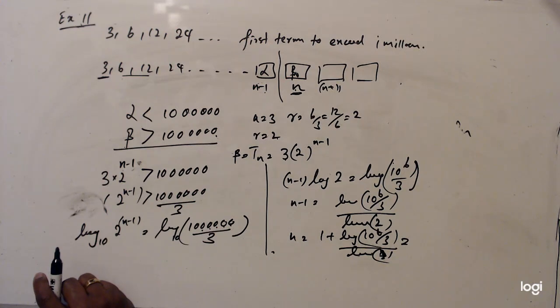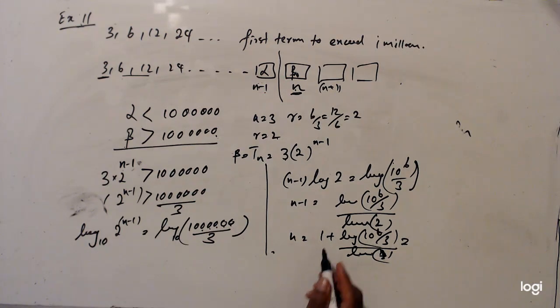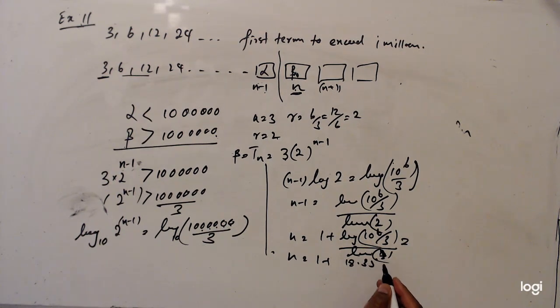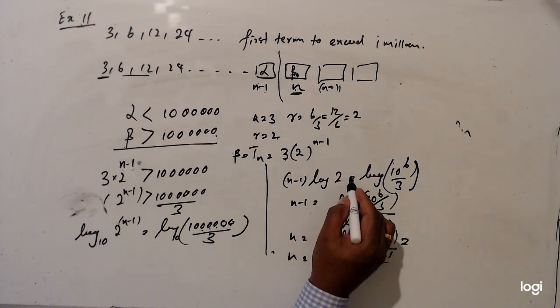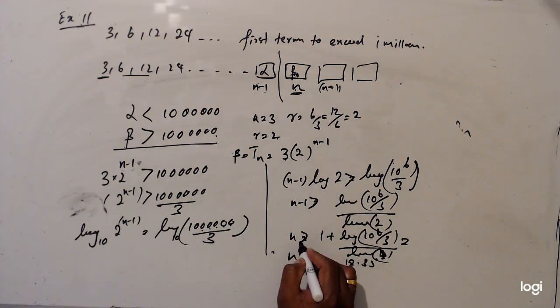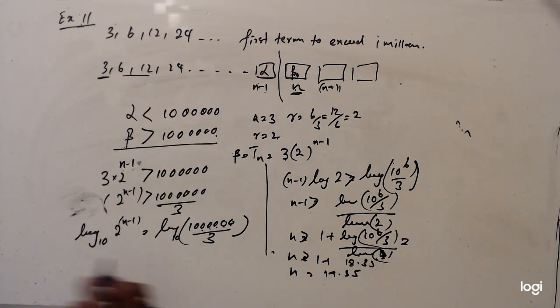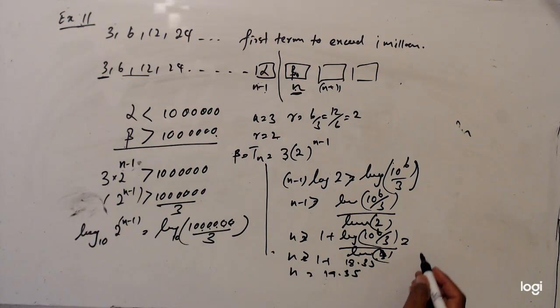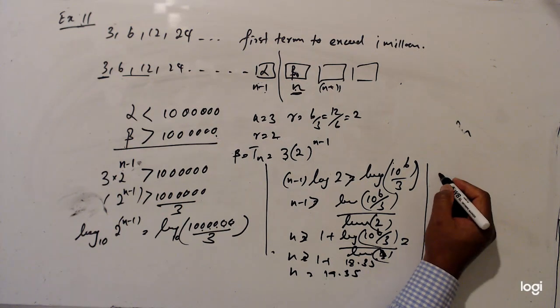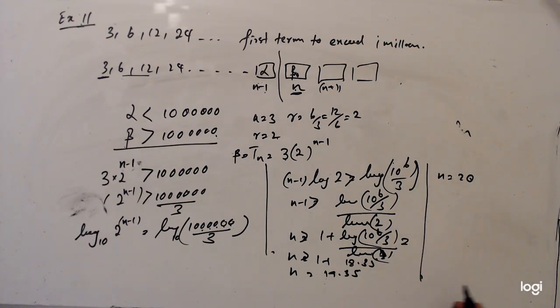So n equals 19.35. So n is not equal, it is greater than. There is no term 19.35, so the immediate one is n equals 20.